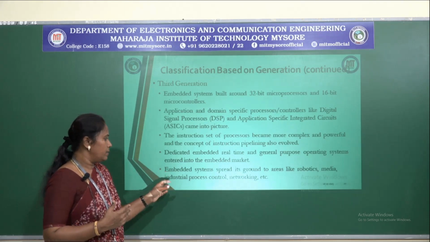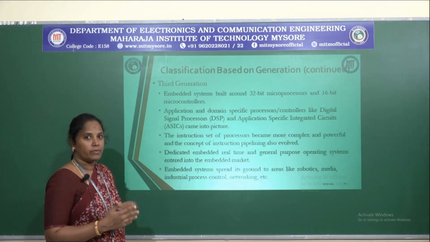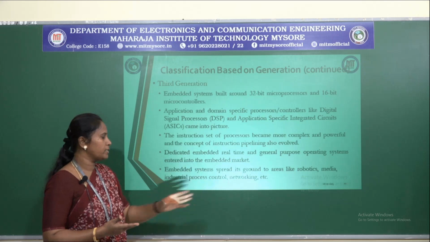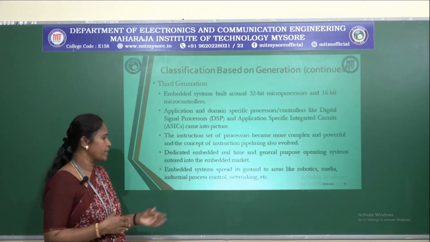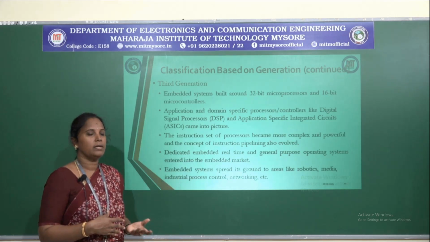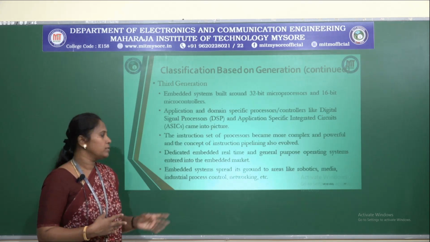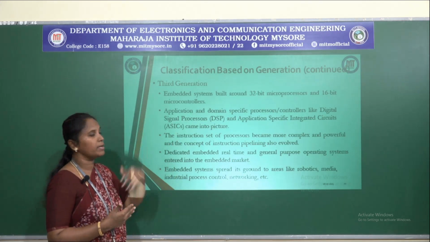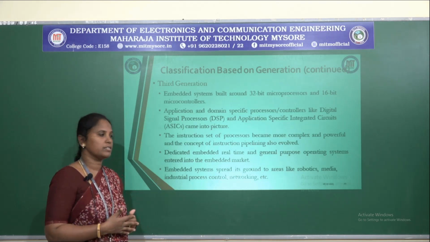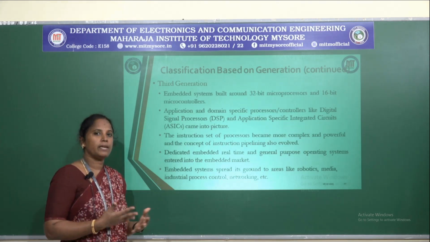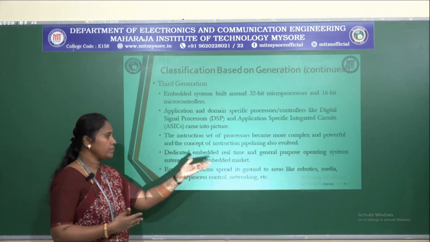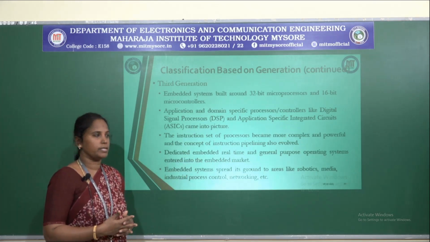The advancements were that it was used in robotics, then in media, and in networking, so computer networking. As the processors advanced and the bit handling capability and the complexity of instruction handling increased, the applications also increased in areas like robotics.